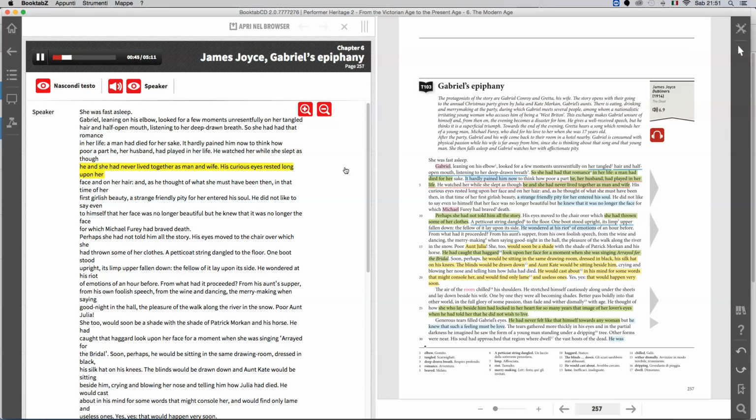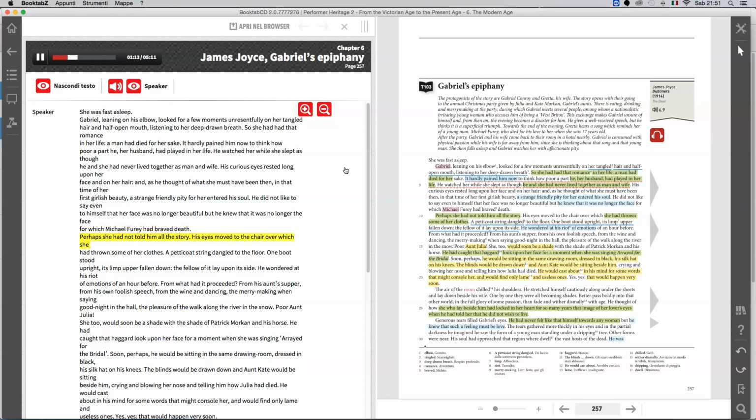His curious eyes rested long upon her face and on her hair, and as he thought of what she must have been then, in that time of her first girlish beauty, a strange friendly pity for her entered his soul. He did not like to say even to himself that her face was no longer beautiful, but he knew that it was no longer the face for which Michael Furey had braved death.